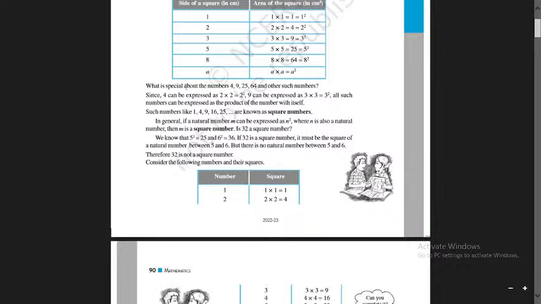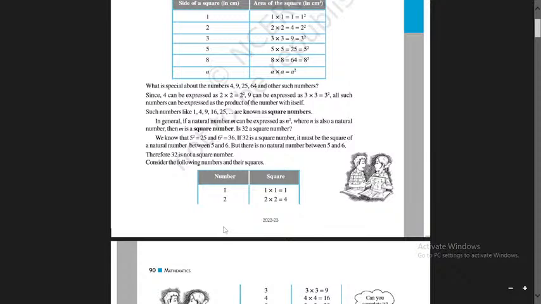What is special about the numbers 4, 9, 25, 64, and other such numbers? Since 4 can be expressed as 2 times 2, we can write that as 2 square, and 9 can be written as 3 times 3, that is equal to 3 square. All such numbers can be expressed as the product of the number itself.